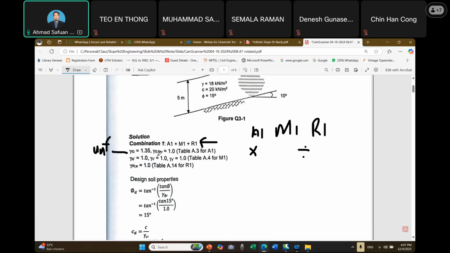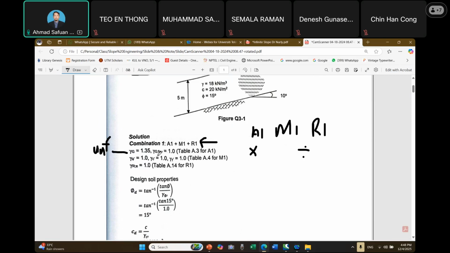Resisting is considered favorable, driving is considered unfavorable. Then for the material, we have gamma phi, gamma c, and gamma gamma. For material, we divide with the partial factor of safety, while for the resistance we also divide with the partial factor of safety. However, for the action, we multiply it.